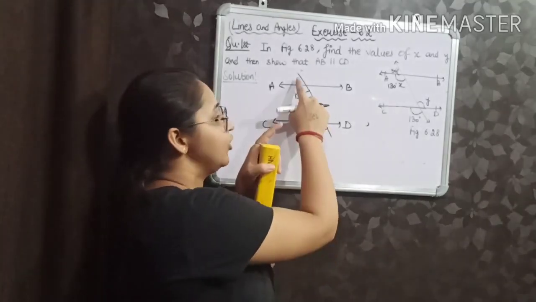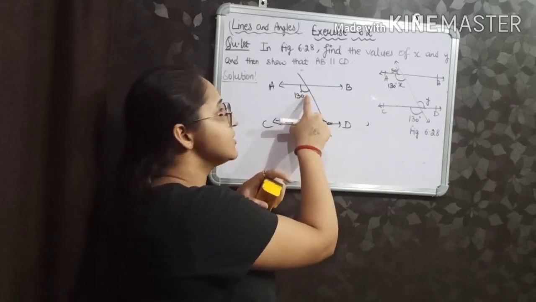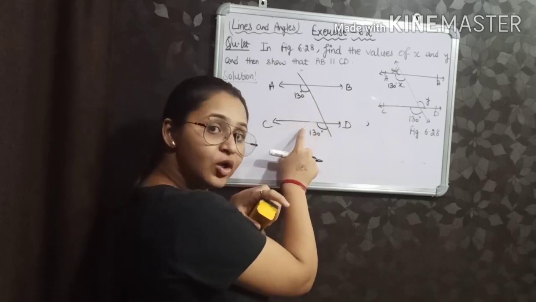Corresponding angles lie on the same side of the transversal line, and if one is below the parallel line, then the other must also be below the parallel line.